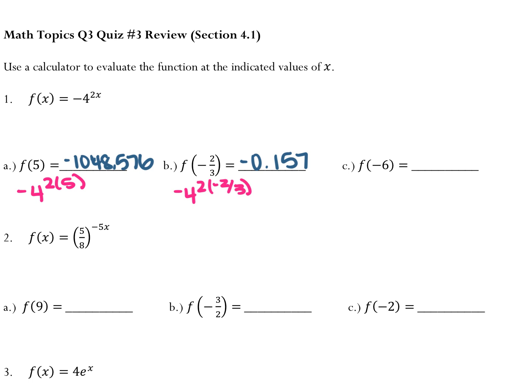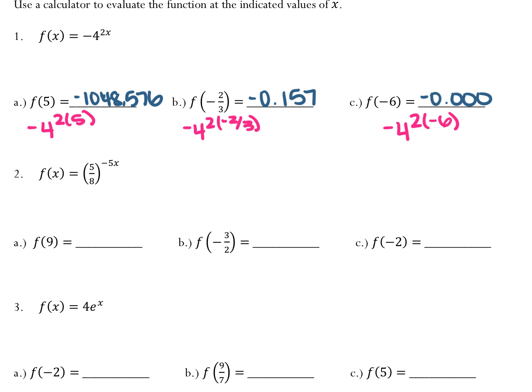And then for C, you have f of negative 6, so that's going to give you negative 4 to the power of 2 times negative 6, which would give you negative 0.000, because again, we're just rounding to the 3rd decimal place.